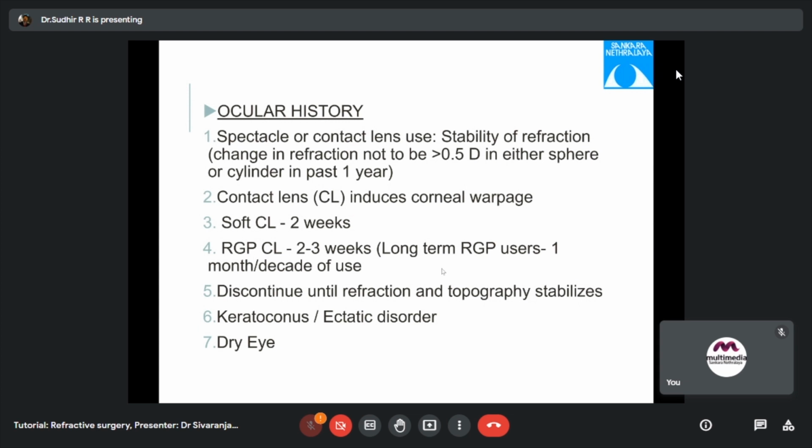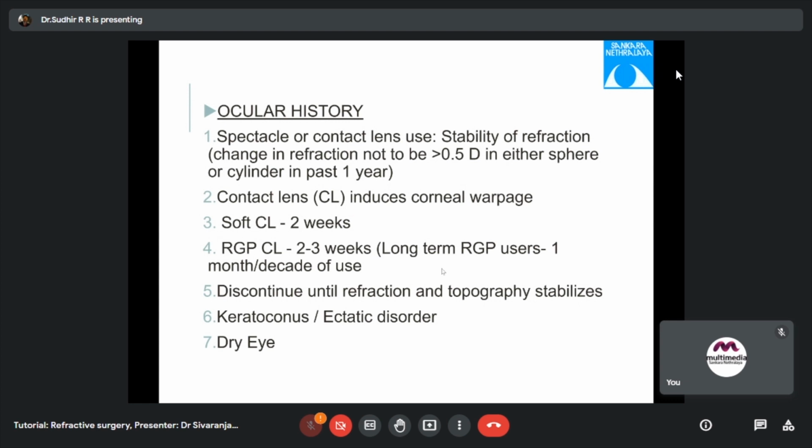That can induce steepening and various changes, so that's the reason we call it corneal warpage. That area of steepening or irregularity in the cornea occurs on constant wear of contact lenses. It can be due to the soft lens or RGP lens. RGP lenses are more rigid, so they induce more warpage than soft lenses.